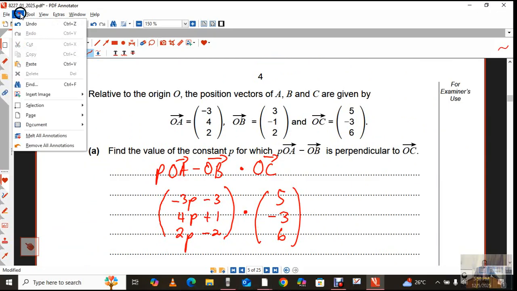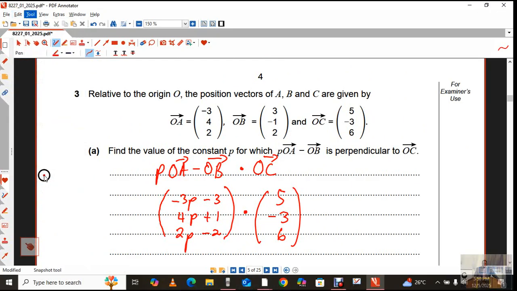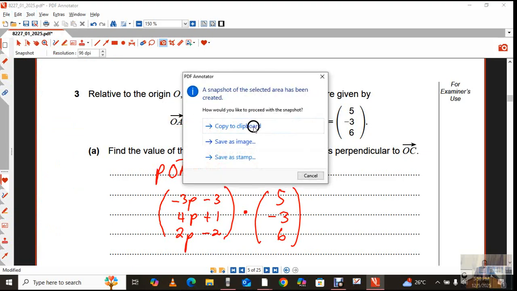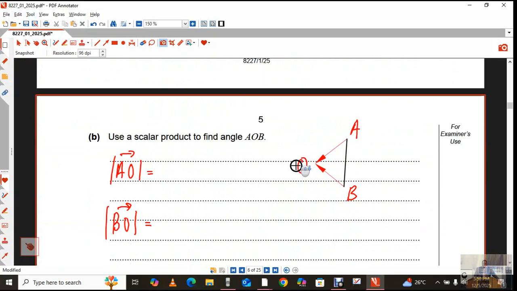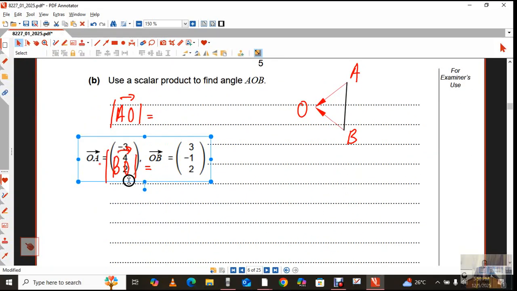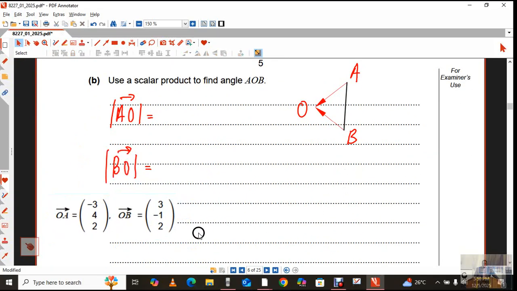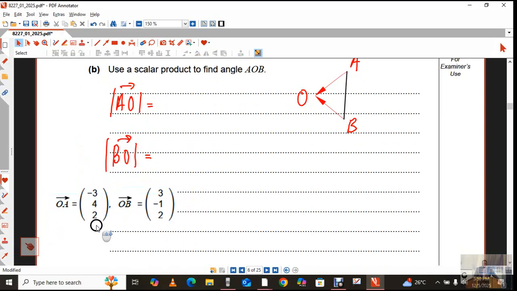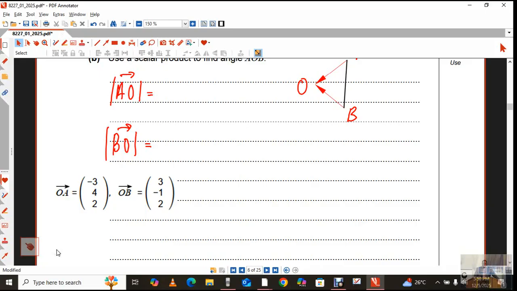So I'm just going to take a snapshot of them. Okay, and I'm going to paste them over here, because I just need it. Right, so I want you to take note. This is OA. So if I go AO, then the direction is changing. So if I have AO, then this is positive 3 now, then this is negative 4, and this is negative 2.